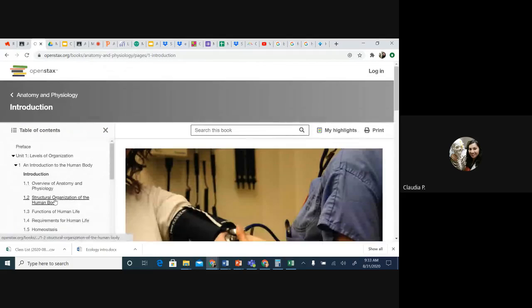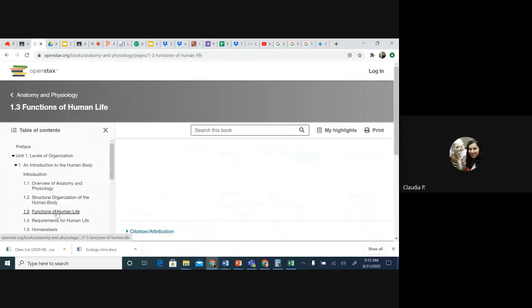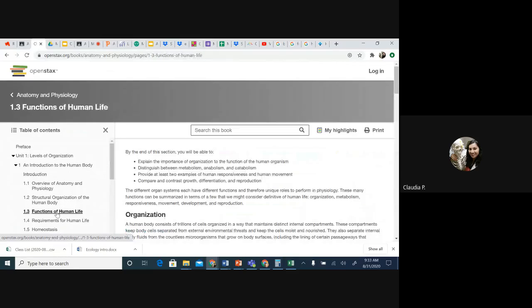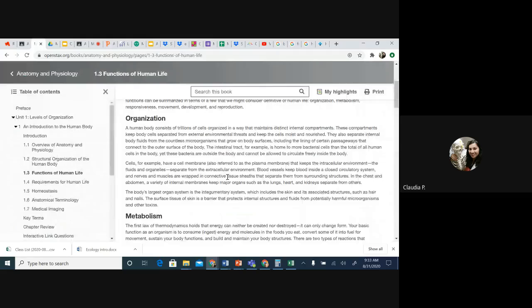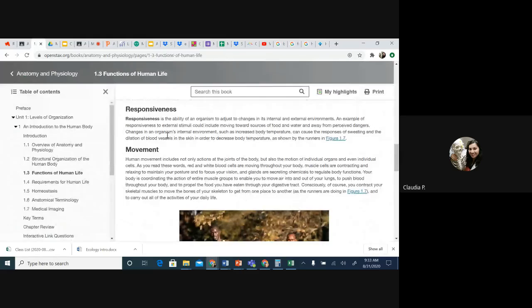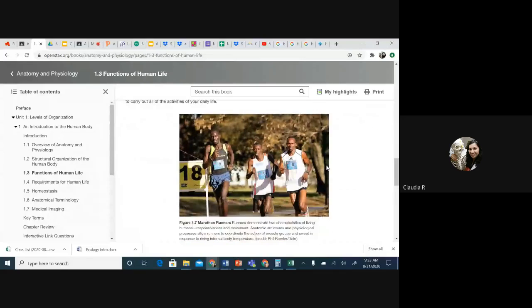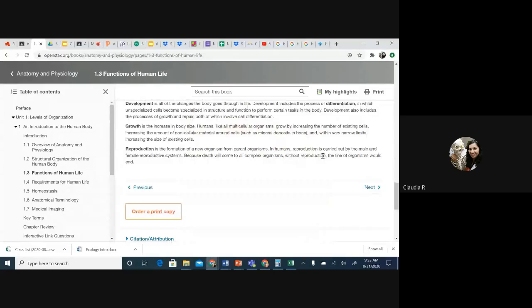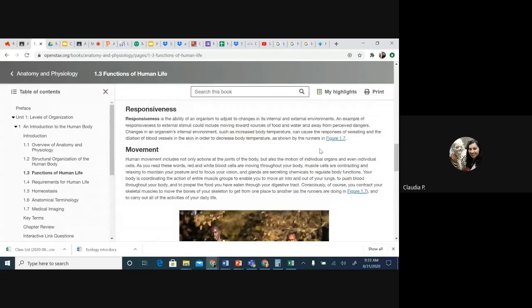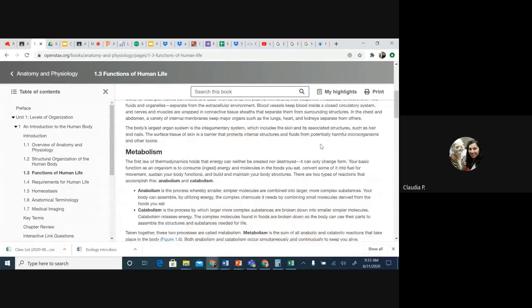The life functions are going to vary a little bit. So you have your PowerPoint, but you also have elaboration here, like movement. So you also have that you can definitely go into for more in depth, or if you want to read up on it as well. Just be very thorough. But you have that there that's in your book.